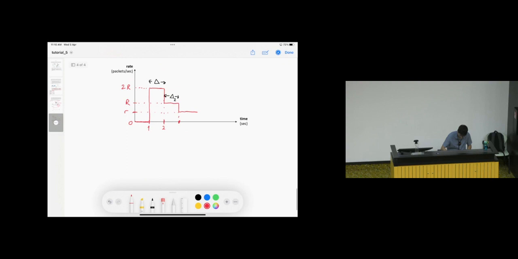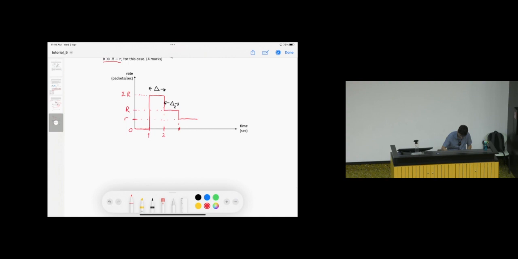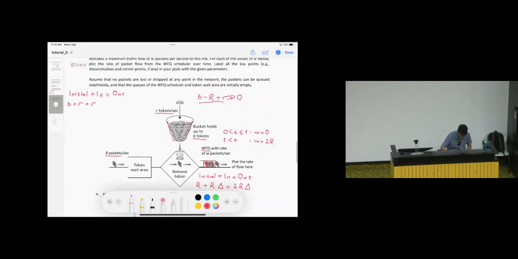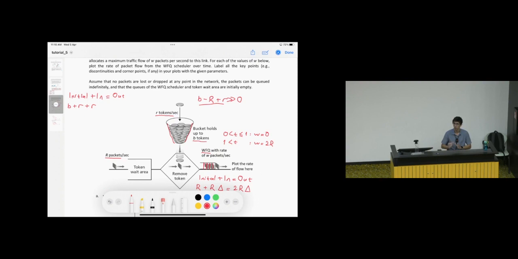And after second 2, I still have r tokens per second arriving for delta 2 time.